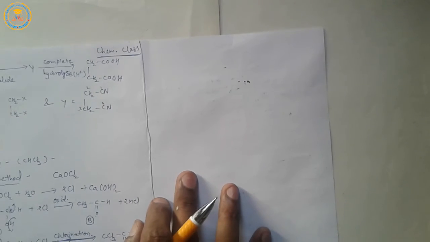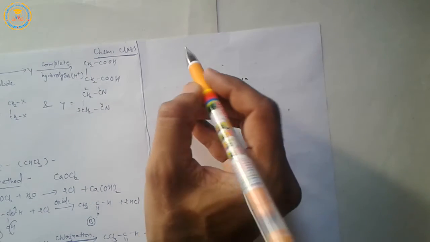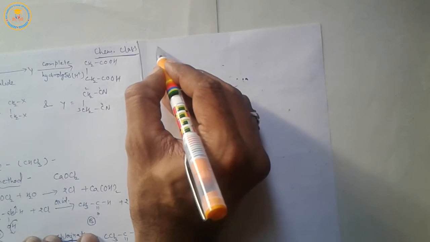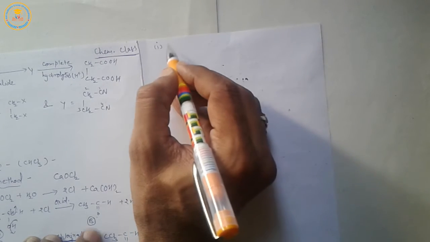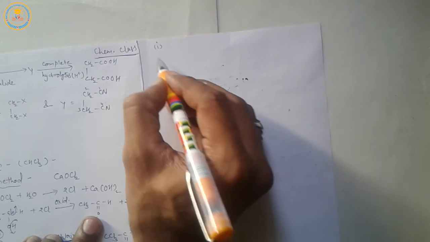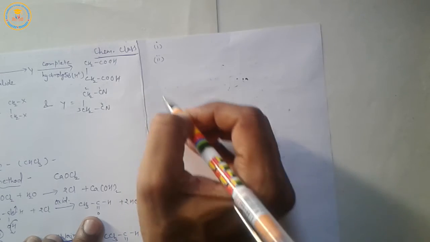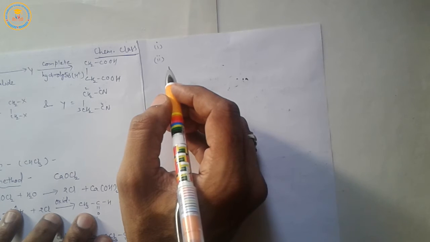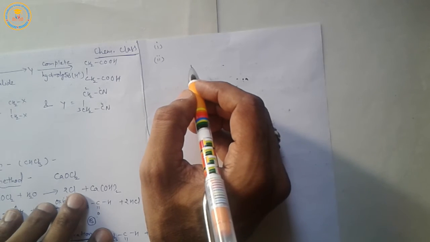If acetone is taken, then the haloform reaction occurs in the following steps. The first step is similar to the ethanol process in the laboratory method.